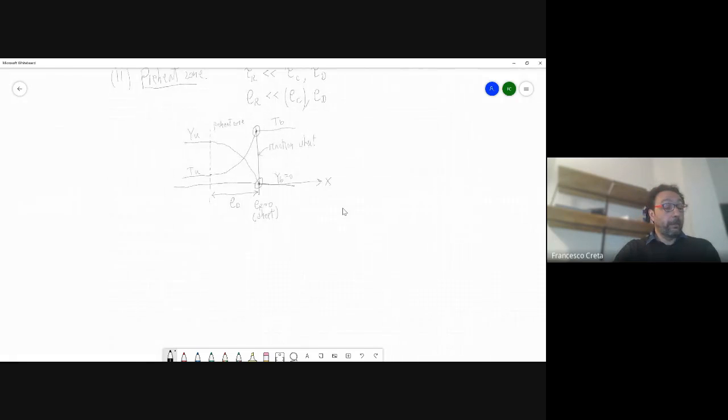So gradients of reactant and temperature are established in the preheat zone. And of course, they will activate, as I said, mass diffusion fluxes. Of course, convection occurs because you have essentially a velocity here, u.